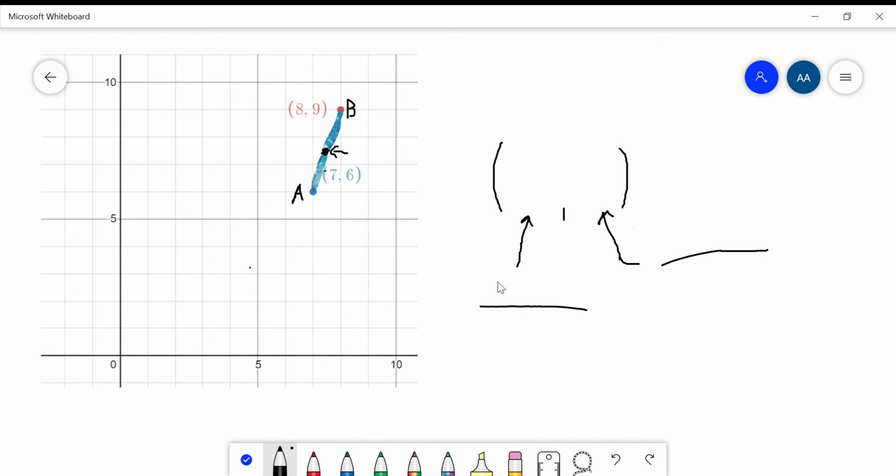That's going to be 7 plus 8 divided by 2, because you have exactly 2 points. Now, what would be the average of the y-coordinates? Well, it would also be divided by 2, since there are 2 points. And it would be 9 plus 6.